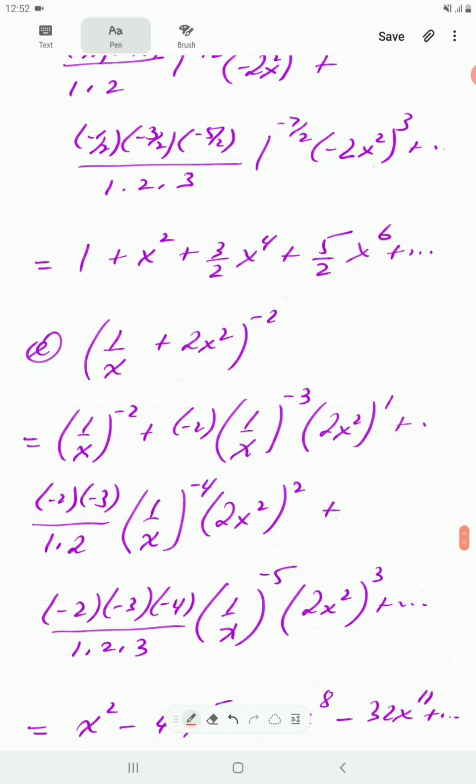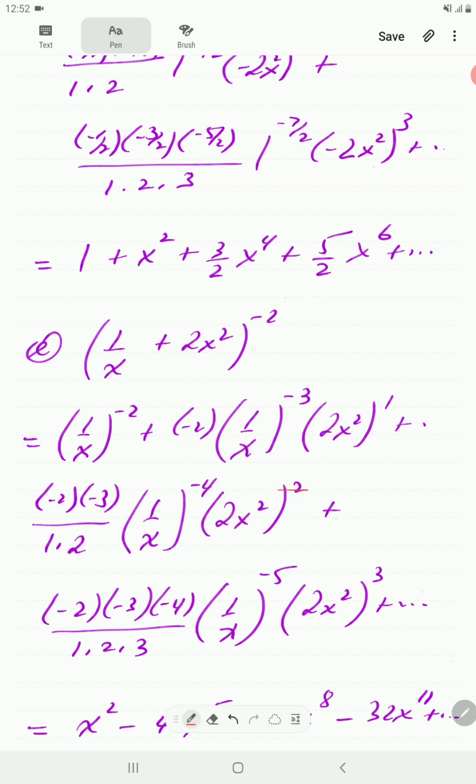In the next case, a is 1 over x, b is 2x squared, n is negative 2. So first term is going to be 1 over x to the power negative 2. Then negative 2 is the coefficient here. This power is now negative 3 because they're going down. This one is 1. Okay, in this case, this power is 2.